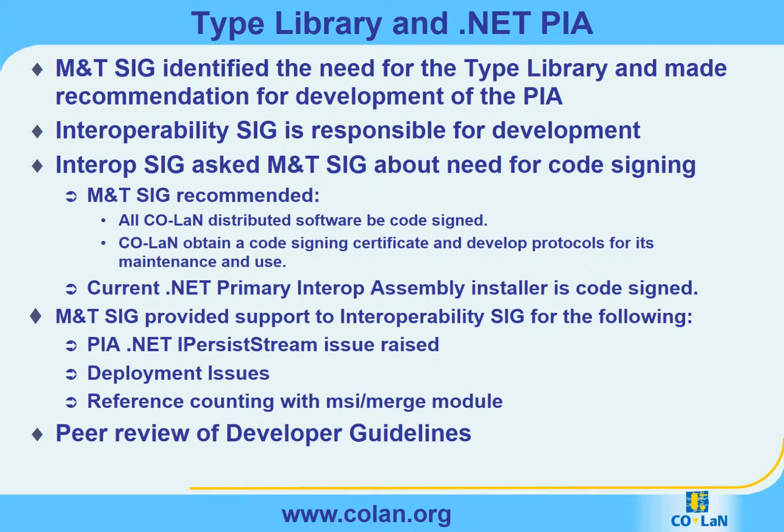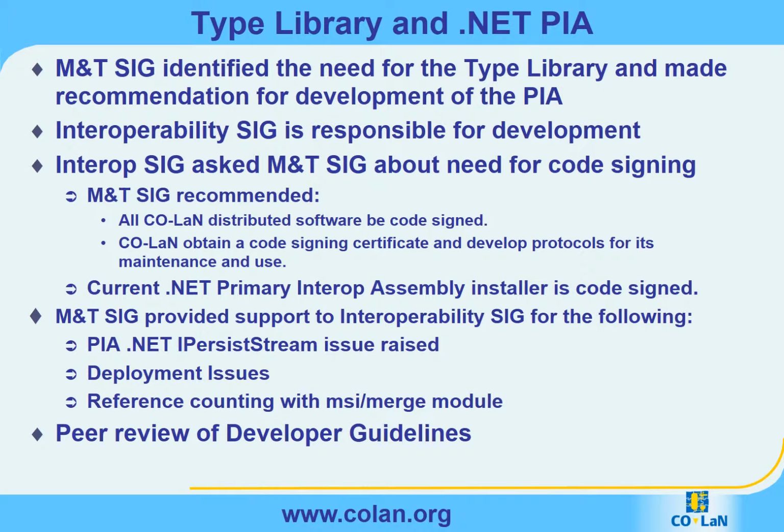Recently, they asked us about the IPersistStream interface and getting that to work, because IPersistStream inherits IPersist, and in .NET interface inheritance like that isn't allowed. So we actually have to put in the GetClassID method, and I think we can hide it or override it. Is it overriding, right? I think we had to put that method in.